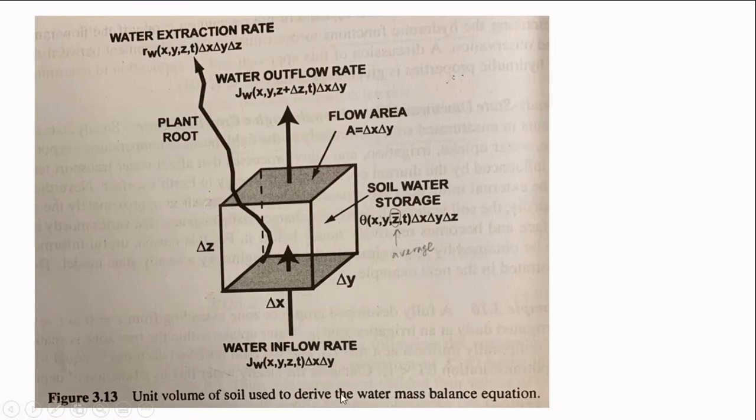So not only can incoming water supply water into the cube, and not only can the outflow of water lose water from the storage, but the roots of the plant can also extract water from the cube. So that's basically the whole principle behind the mass conservation equation.